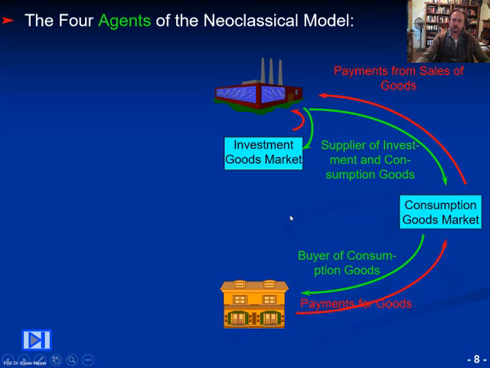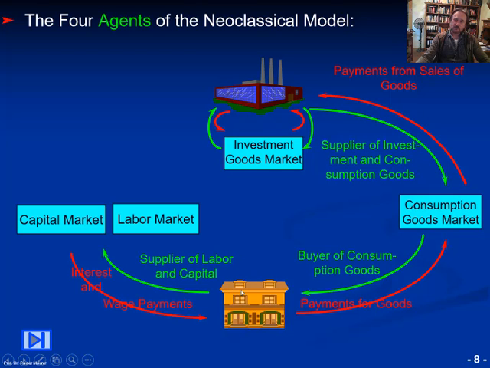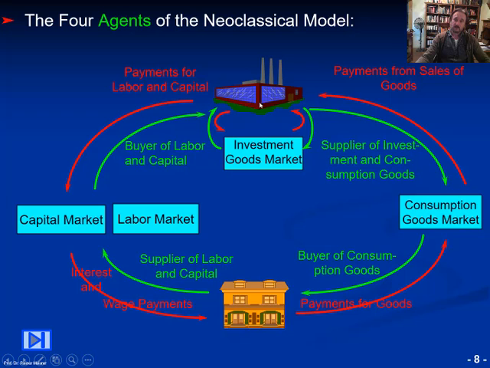Part of the production of firms are investment goods which flow back to the company sector itself. Households supply their labor services to the labor market and their savings to the capital market. On these markets appear now the firms and demand labor for the production of goods and capital to buy investment goods.